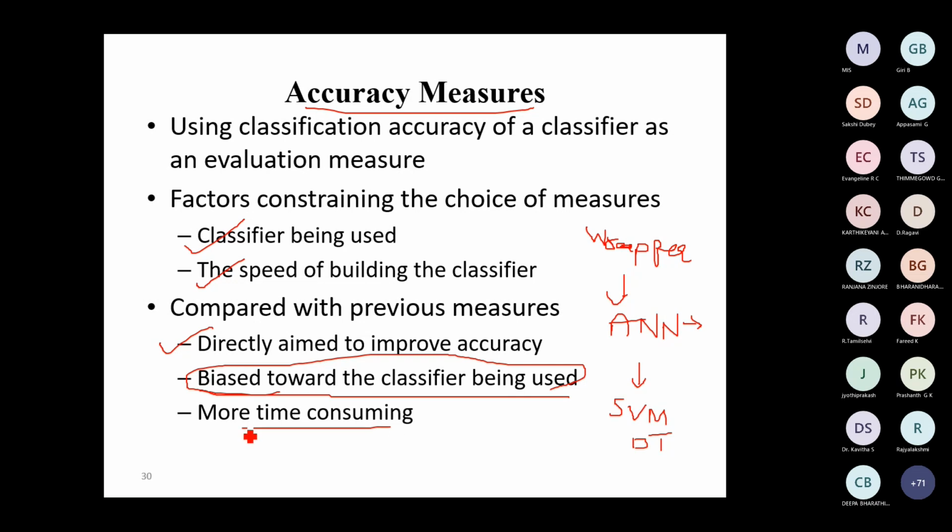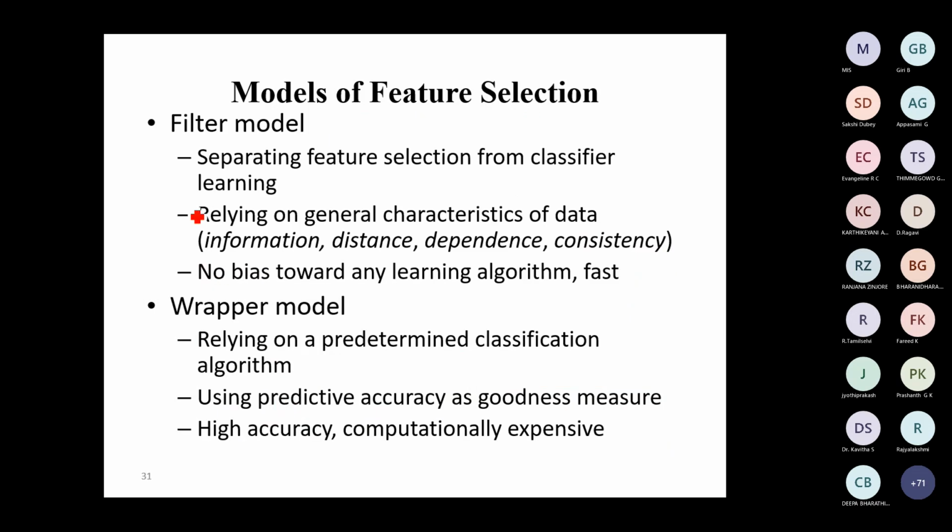It is also more time consuming compared to the filter based method. So that is what we had discussed. What we discussed till now was the feature selection approach. The filter based model doesn't use a classifier. It is an independent feature selection, a separate algorithm, and it relies on various measures: information, distance, dependency, consistency measures.